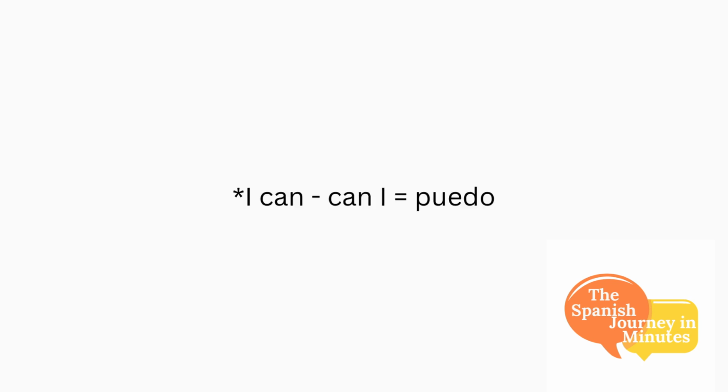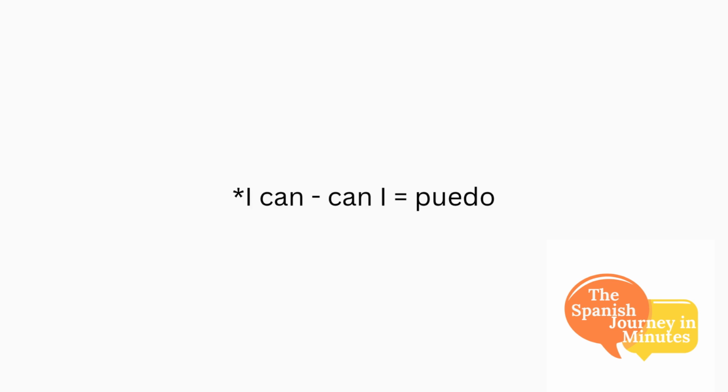And now I am showing you here I can and can I is the same thing. So how do we know the difference? I can is an affirmation, right? And can I is something that you use when you're asking a question. So puedo, a little more flat, is I can.